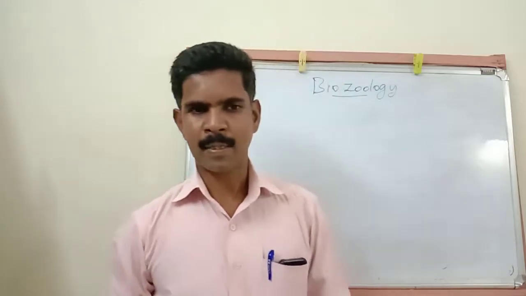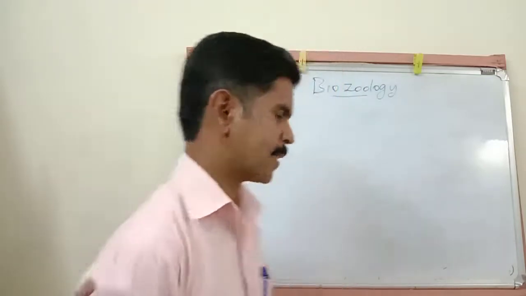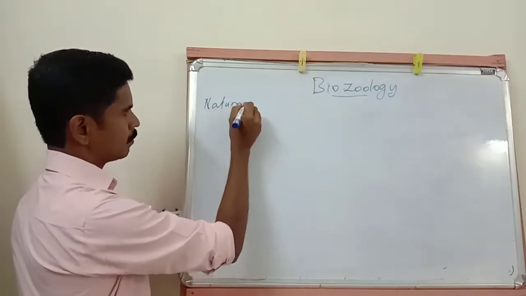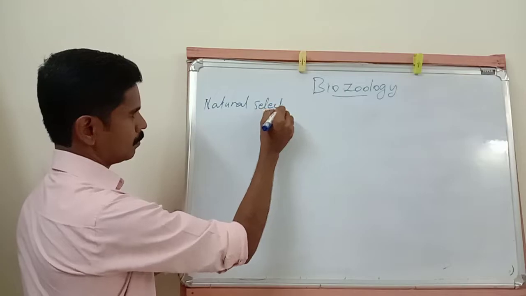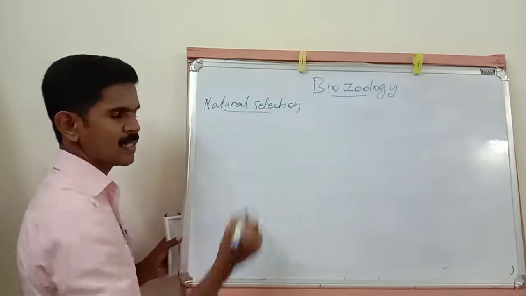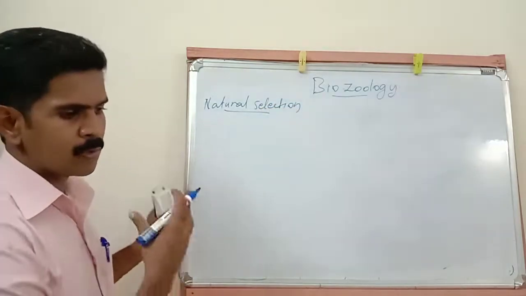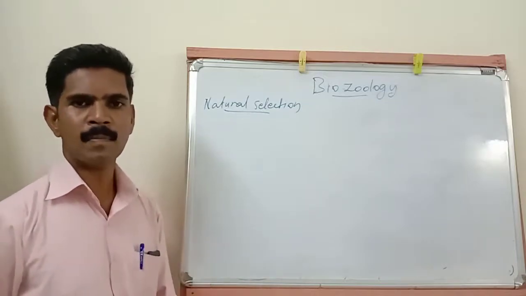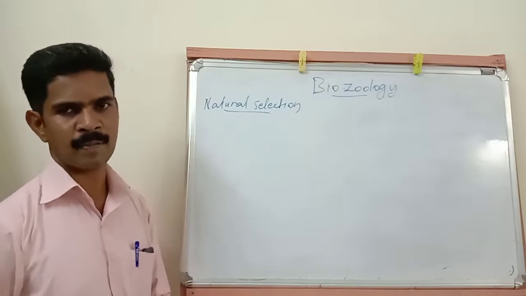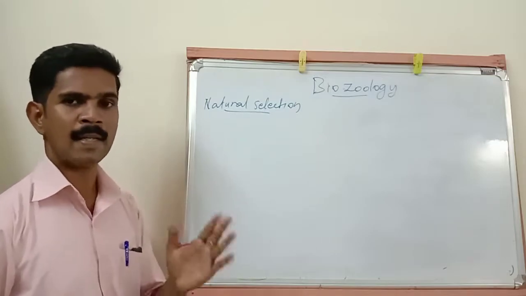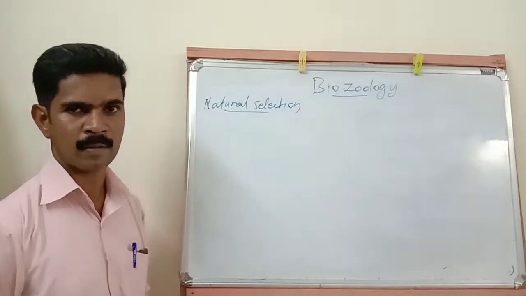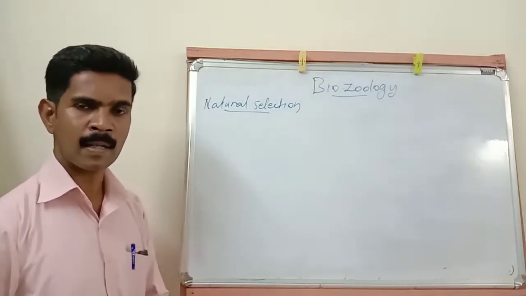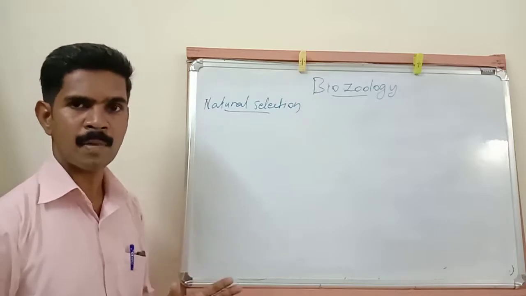Our next topic is natural selection. According to natural selection, when an organism gets adaptation power, that organism can live on the earth, because nature is selecting organisms based on some adaptive character.